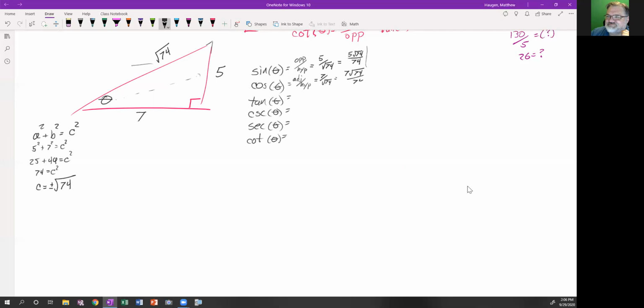If you need to review rationalizing fractions, go for it. Tangent, opposite over adjacent. So our opposite to our angle theta is 5, our adjacent is still 7, so 5/7.